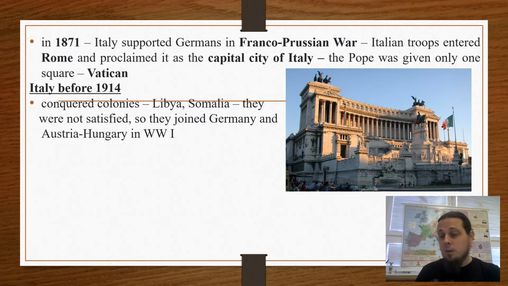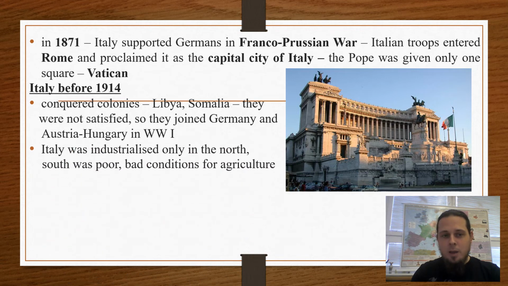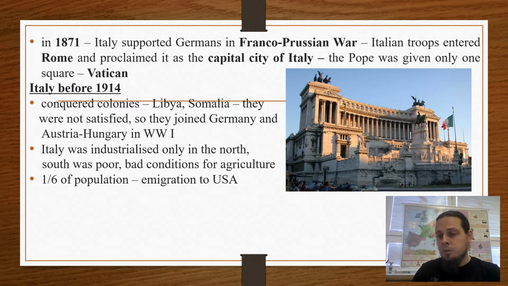So in the 1930s, Mussolini and his fascist armies will invade Ethiopia. Italy was industrialized only in the north, and the south was poor, with very bad conditions for agriculture, which caused almost 1/6 of the population, especially from southern Italy, to emigrate to the USA.